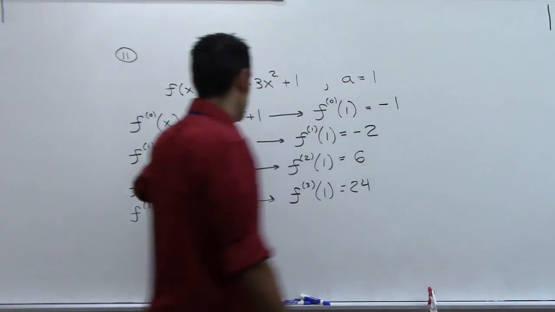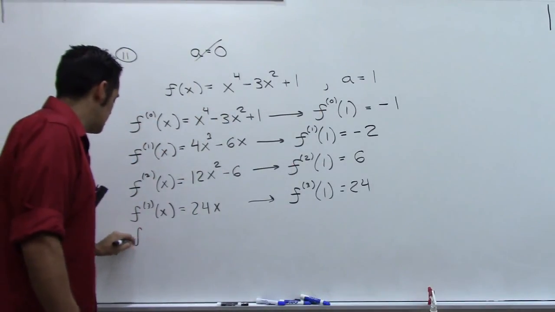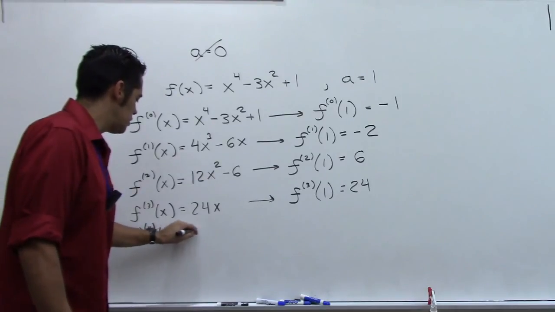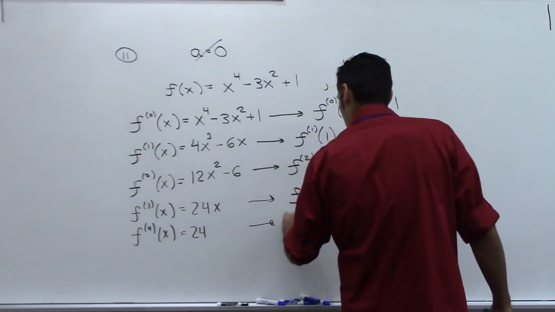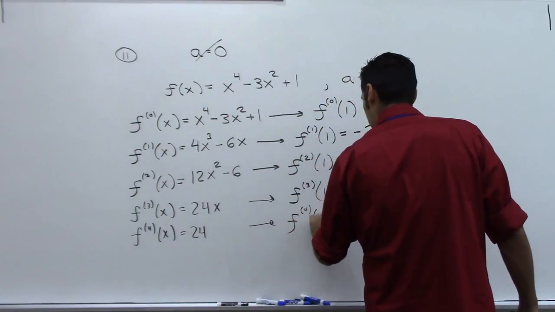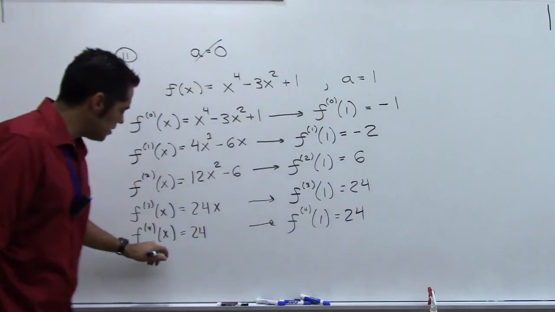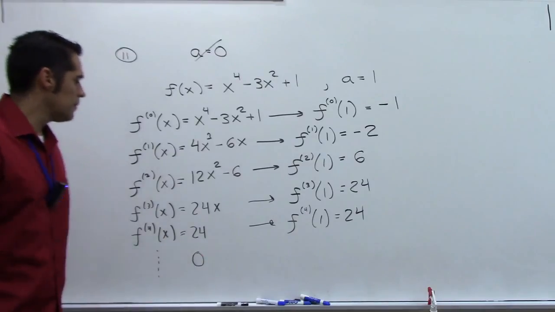And you can see, because this is a polynomial function, as I take the derivatives, it keeps on getting nicer and nicer. Finally, the fourth derivative is just 24. And if I plug 1 into that, nothing happens. I get 24. And now the rest of the derivatives, every one of them from here on out is 0.